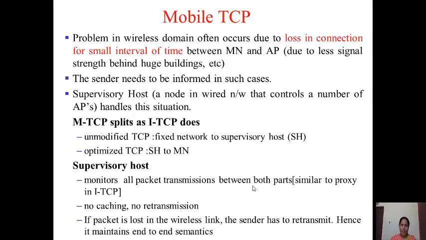But if it finds that there is a loss in the wireless link, it sends an intimation to the sender to retransmit packets in order to maintain end-to-end semantics. This is the main advantage of the supervisory host.